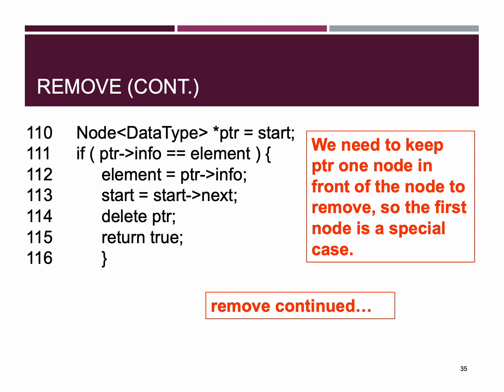We then move the start pointer to the next node in the list to update the head of the list. Finally, we delete the node pointed to by ptr and return true, indicating that the node was successfully removed.